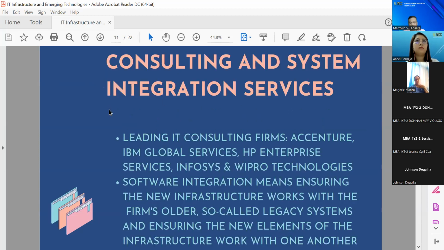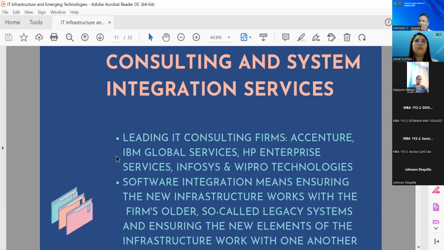Next is the consulting and system integration services. So usually, yung evolution ng IT natin, meron kasi tayong tinatawag na legacy system. So, there are IT consulting firms, hindi kasi pwede minsan yung tinatawag nating incompatible.